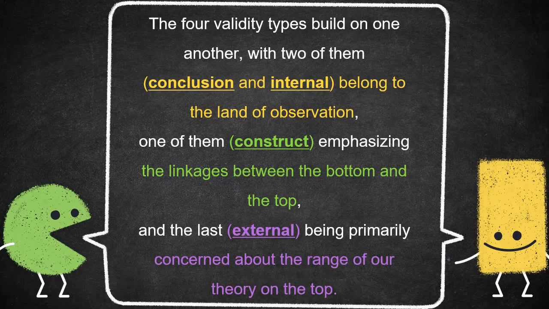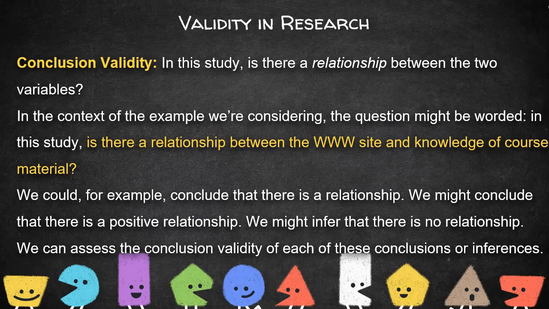So you have your conclusion validity, which begins with this fundamental question: is there a relationship between the World Wide Web site and knowledge of course material? The answer would be pretty simple. There could be a relationship, there could be no relationship. There could be a positive relationship, there could be a negative relationship.